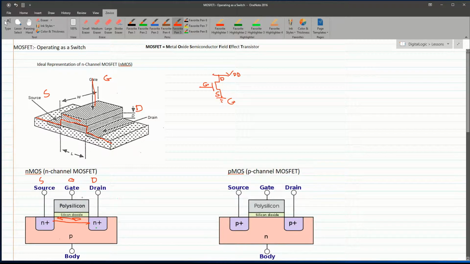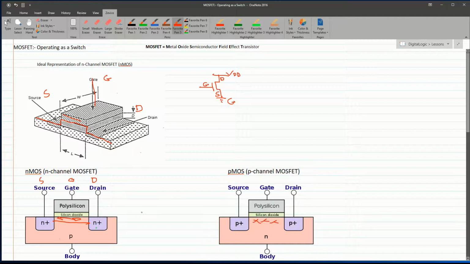For pMOS, when there's no voltage or a very low voltage supplied at the gate, a channel is also present and electrons flow. However, when there is sufficient voltage at the gate, there's no flow of electrons here.